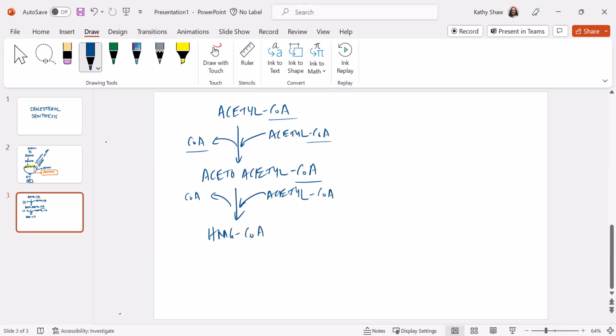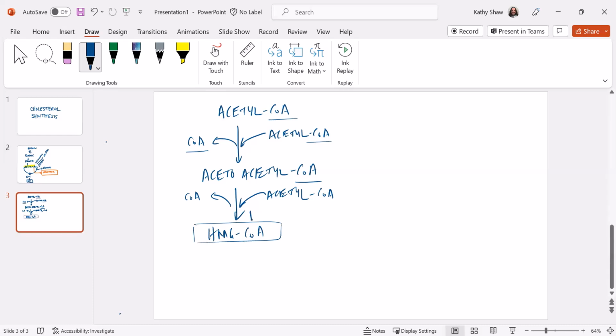I won't write the whole thing out, but it's 3-hydroxy, 3-methylglutaryl-CoA, or beta-hydroxy, beta-methylglutaryl-CoA. Most commonly known as HMG-CoA. Since you're more likely to see HMG-CoA, that's what I want to write here.